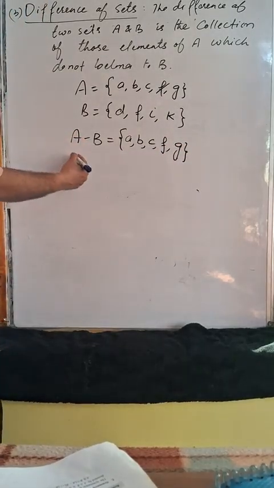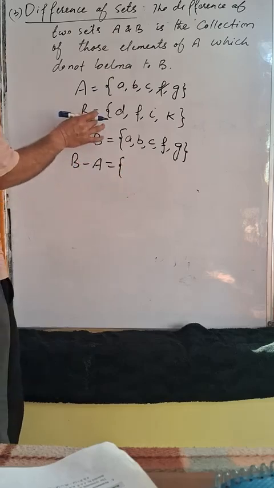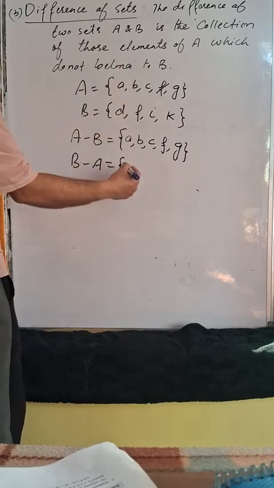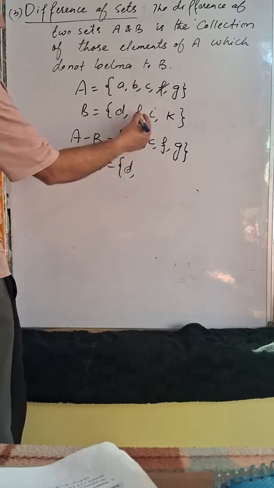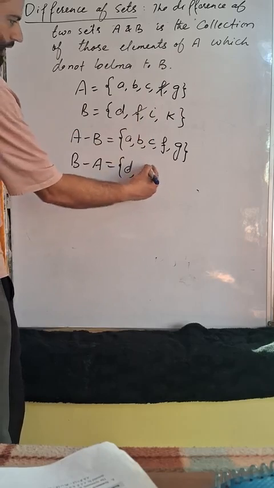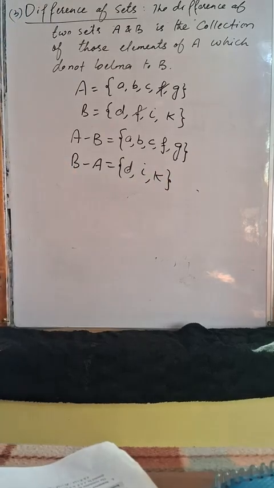Now what will be B minus A? B minus A will be the set of those elements of B which do not belong to A. d, it is not in A, so d. f is in A, cancel. i and k. This is the difference of two sets.